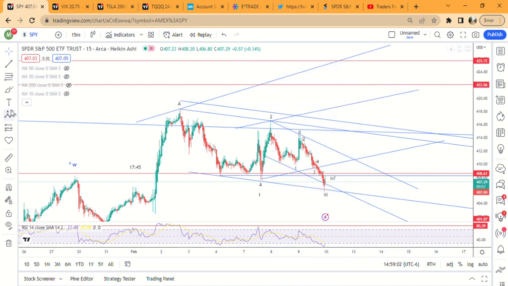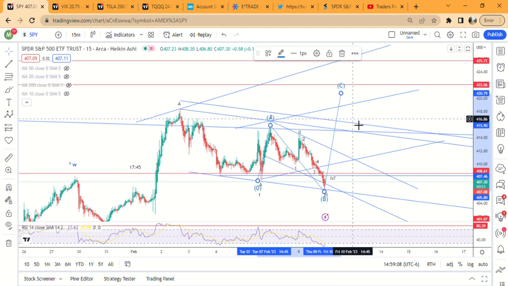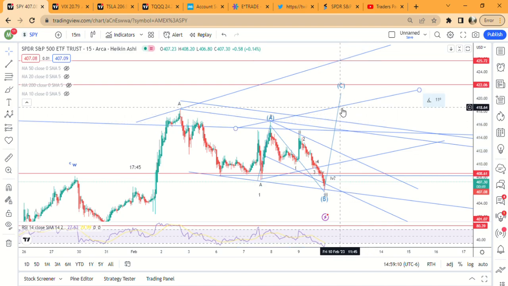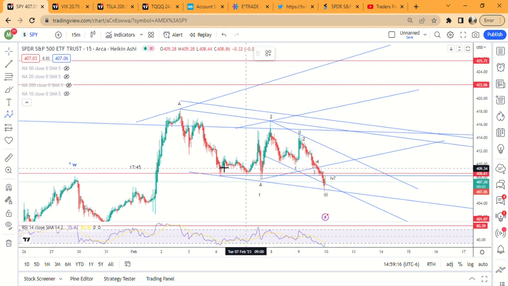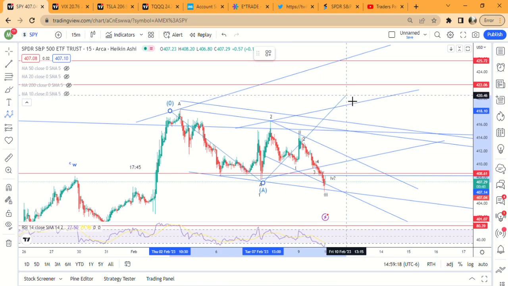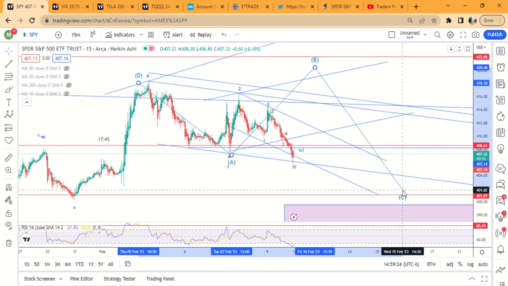So that would look like this: A, B, C up here somewhere. And then that would only be the overall B wave. So again, A, B, and then you'd probably be looking at expanded flat the other way, down here somewhere.